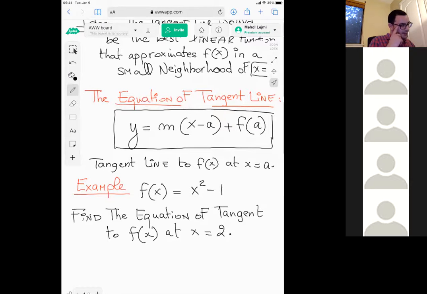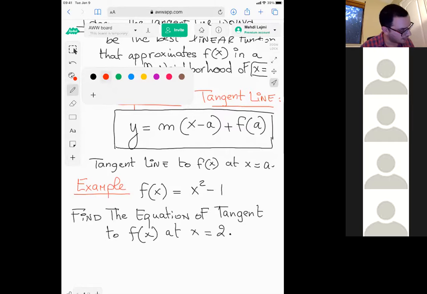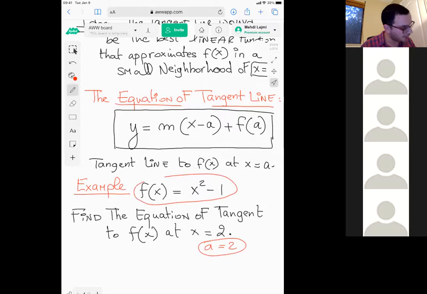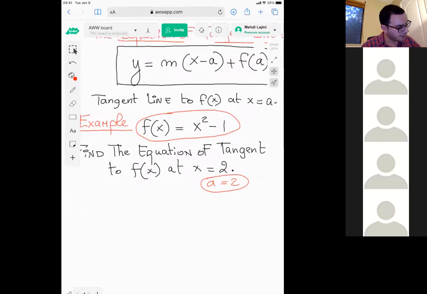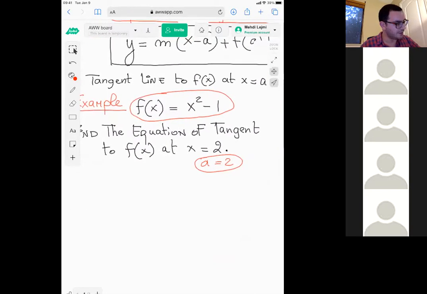So when I say x equal to 2, it means that my a is actually equal to 2, okay? So my a is 2, my function f is x squared minus 1, all right? And so let me probably graph this function f, so we can visualize what will be the tangent line.